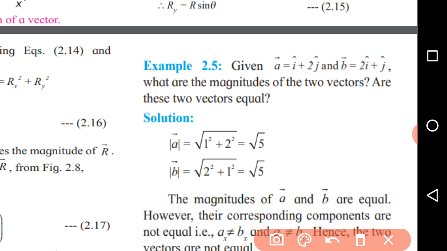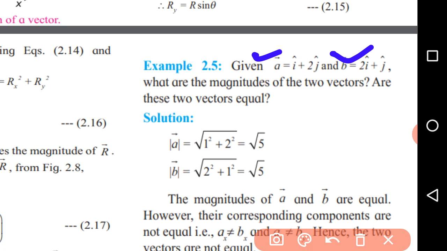First of all, here we have given two vectors. First of all, you have to compare these two vectors with the general formula. Now what is the general formula?